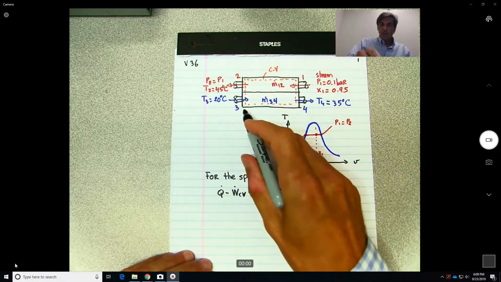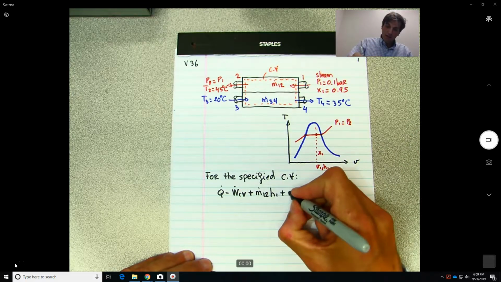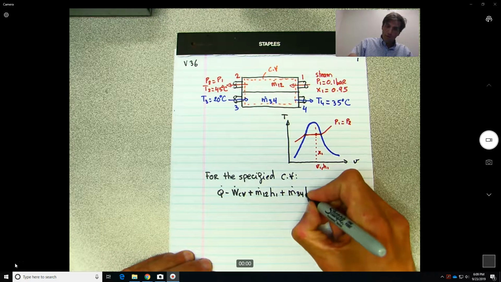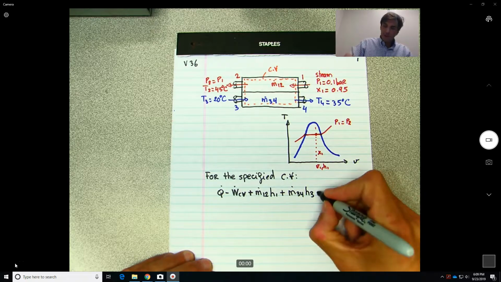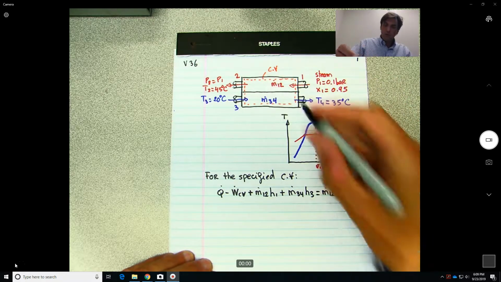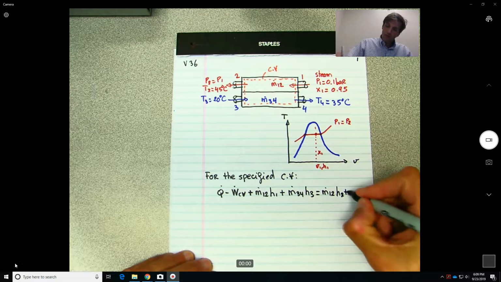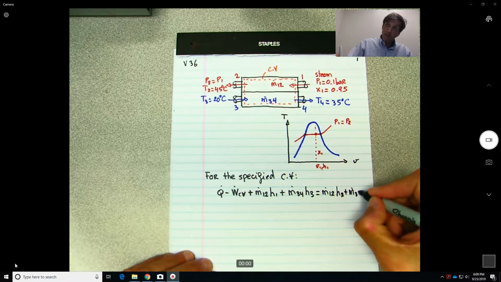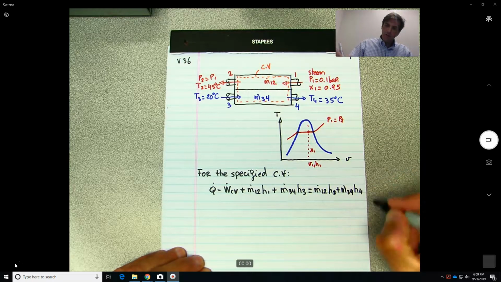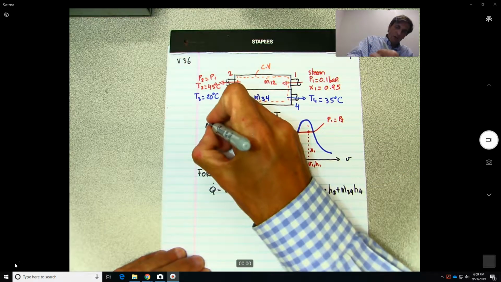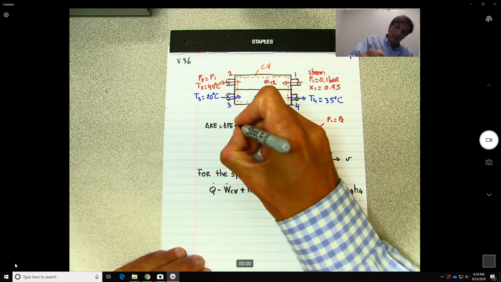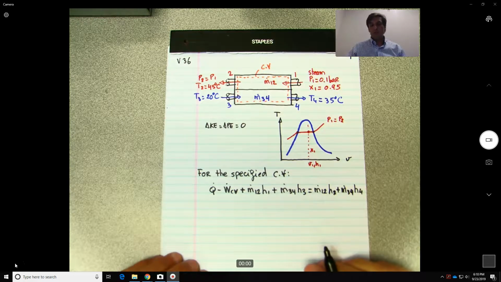What else is going inside the system? Plus M dot 34 H3. What is coming out? M12 H2 plus M34 H4. So obviously in this problem we are neglecting the kinetic and the potential energy.